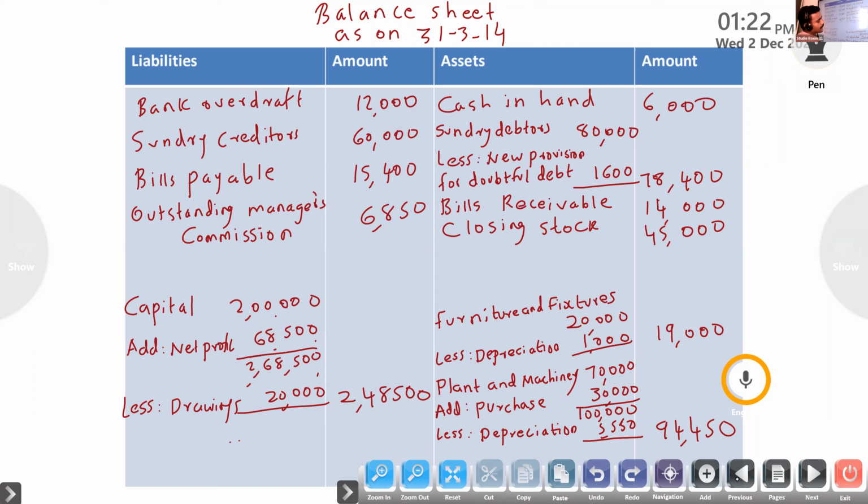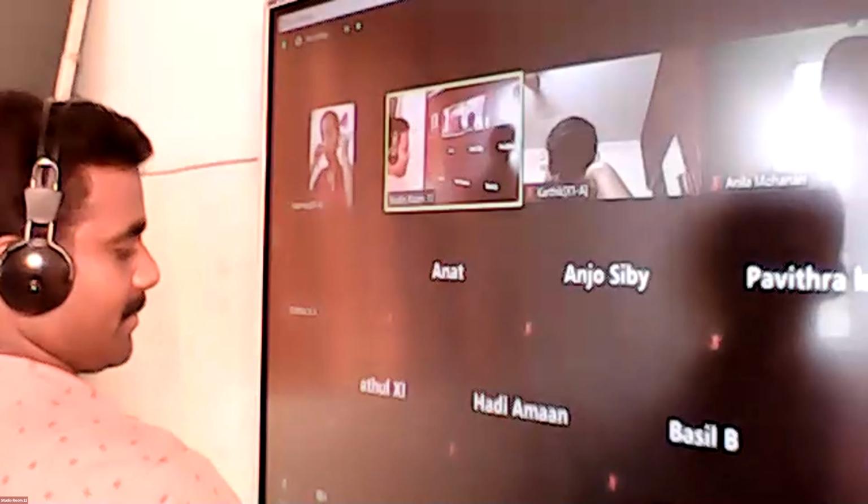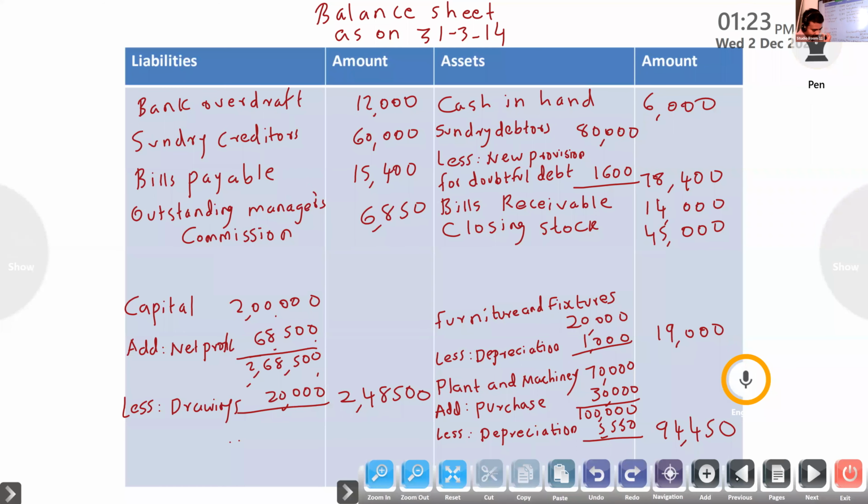Correct now? Karthik? No, sir, still assets some differences, sir. Still. Next, sixth one.